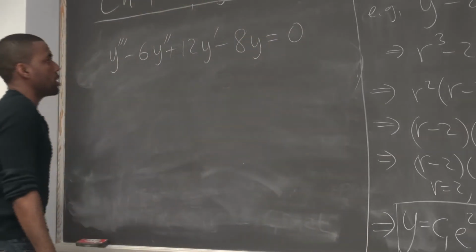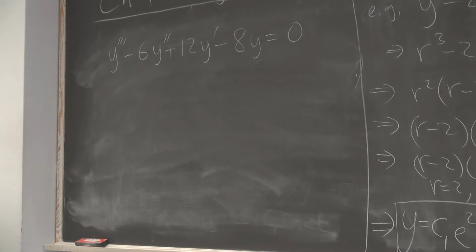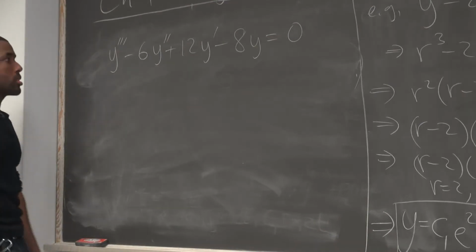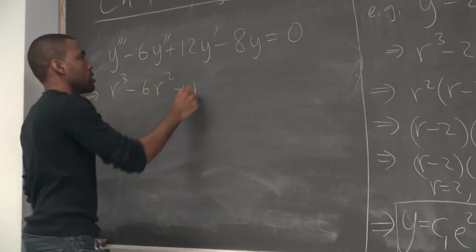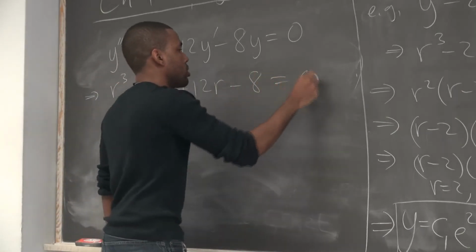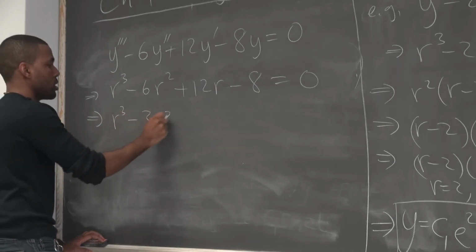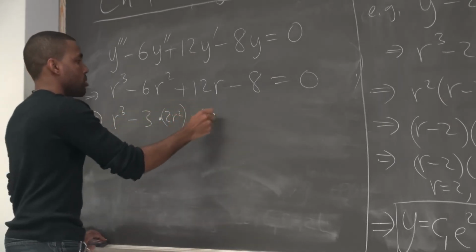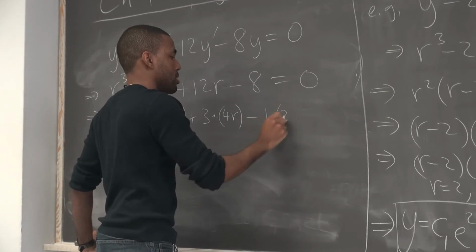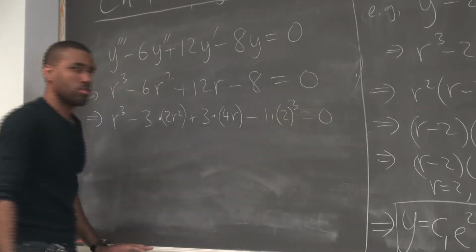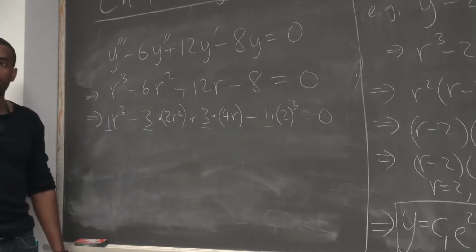So let's say you see something like r minus 2 cubed. So the idea is you have this r cubed minus 6r squared plus 12r minus 8 equals 0. The idea though is you can think of this as a 3 times 2r squared plus a 3 times 4r minus a 1 times 2 cubed. Right, so you should be able to factor out the coefficients to get that pattern, right?